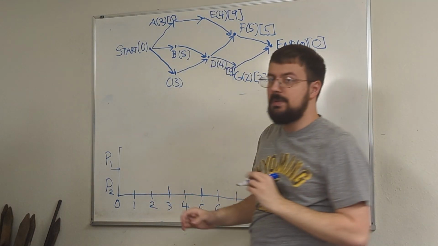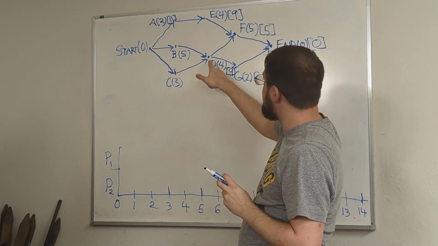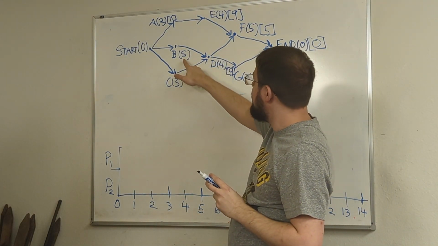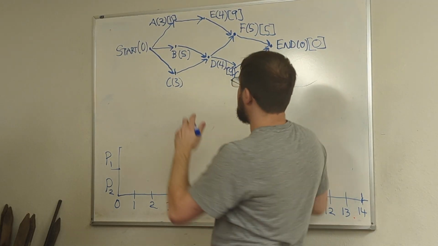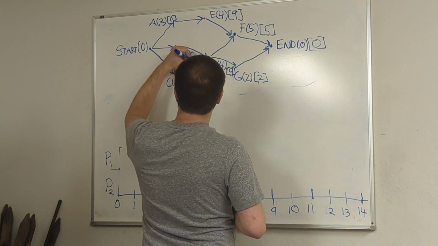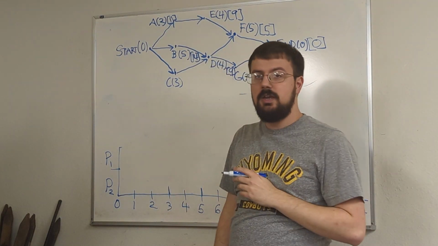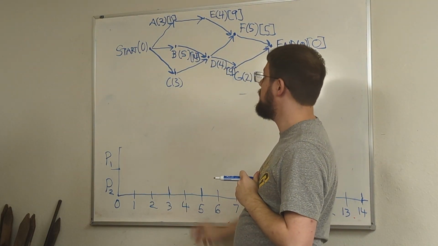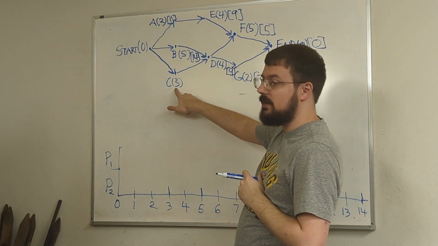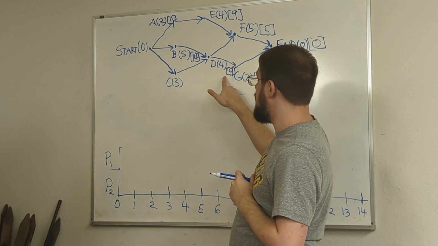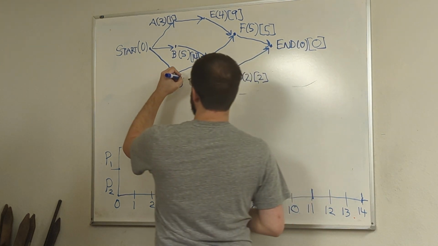And then for B, B only points to D. So 5 plus 9 is going to give us 14. And then finally, C also only points to D. So 3 is our time for C, plus 9, the critical time for D, that's going to give us 12.